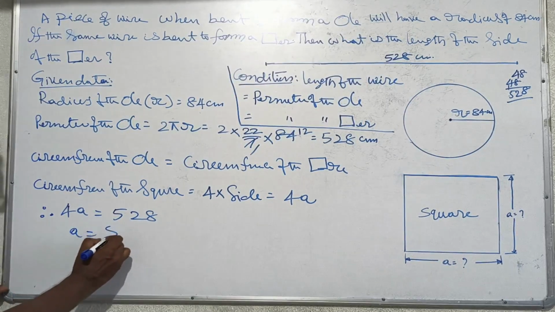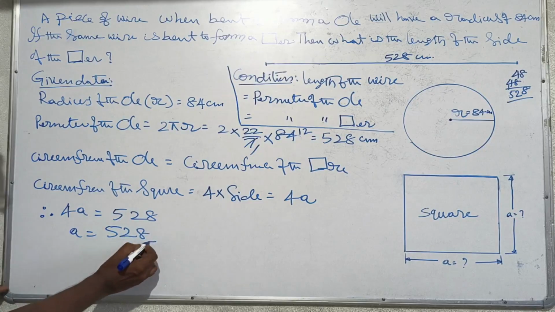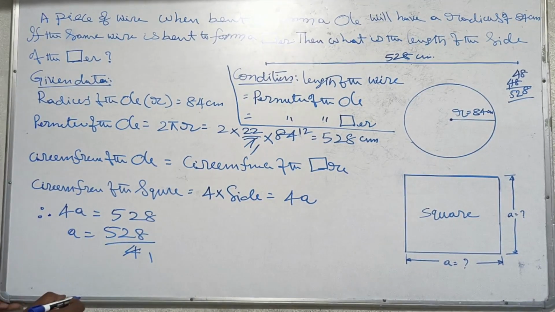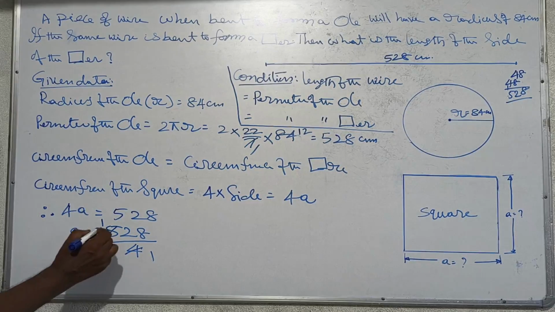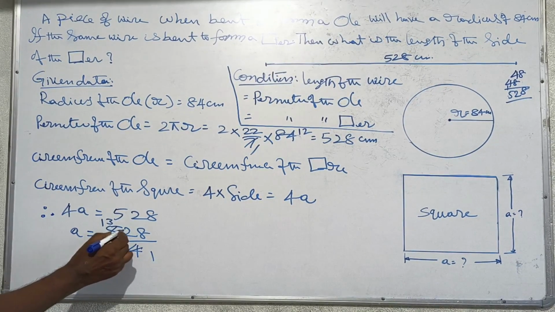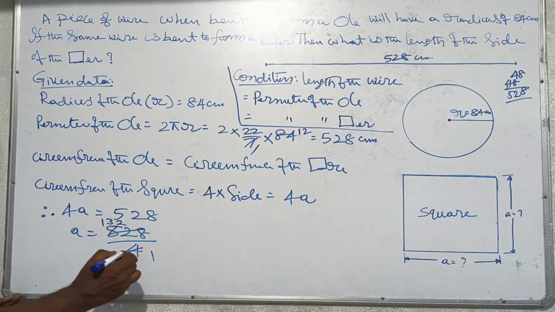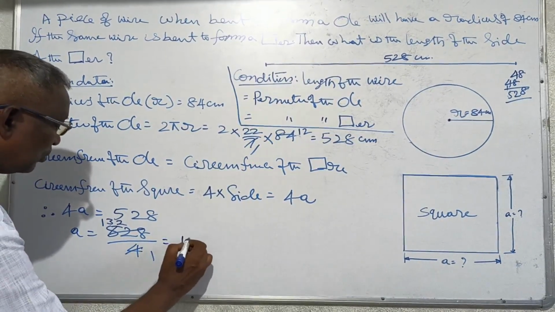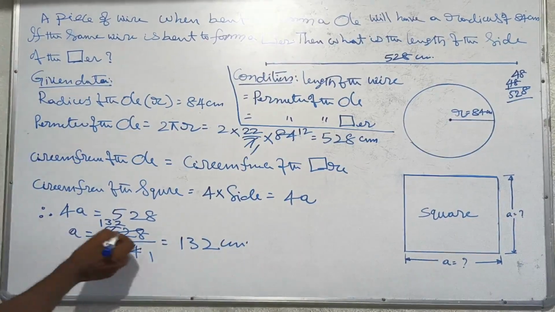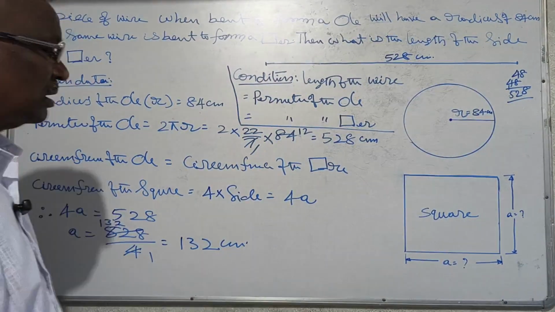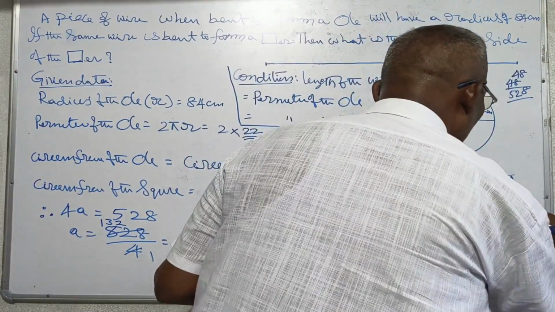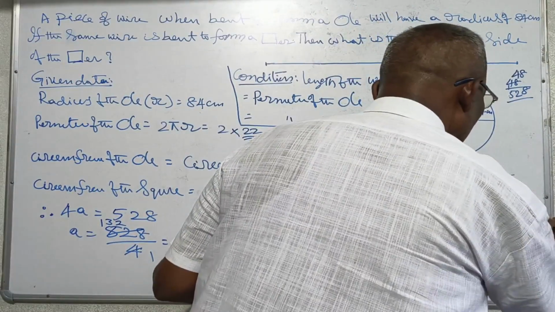A is equal to 528 divided by 4. 4 ones are 4, 4 threes are 12, 4 twos are 8, 132. That is equal to 132 centimeter. What is this 132 centimeter? Side. This side of the square is equal to 132 centimeter.